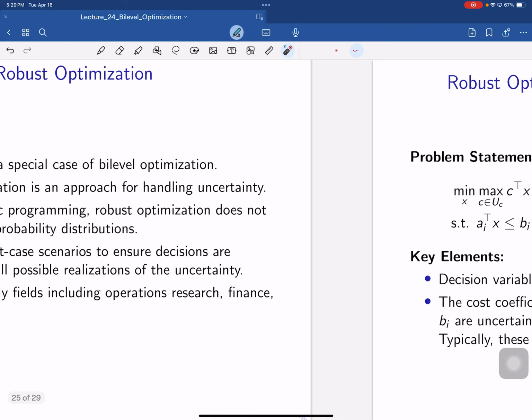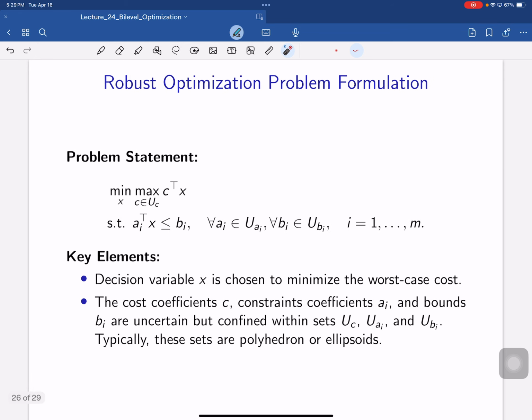So let's show a simple formulation of robust optimization. Okay. So this is the simplest form of robust optimization where we have a linear objective and linear constraints. It is a robust linear programming problem. Okay, so you are optimizing a variable x, right? The problem is a linear function of x subject to linear constraints with respect to x, right?